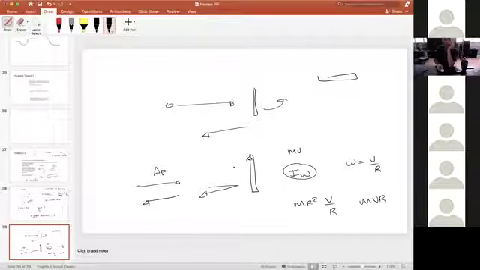Basically, the change of momentum on here causes an equal and opposite force on whatever that is. If you go through that problem, just know that you don't need to understand it right now because it relies on conservation of angular momentum. But I wanted to talk to you guys about it because it's a cool problem.